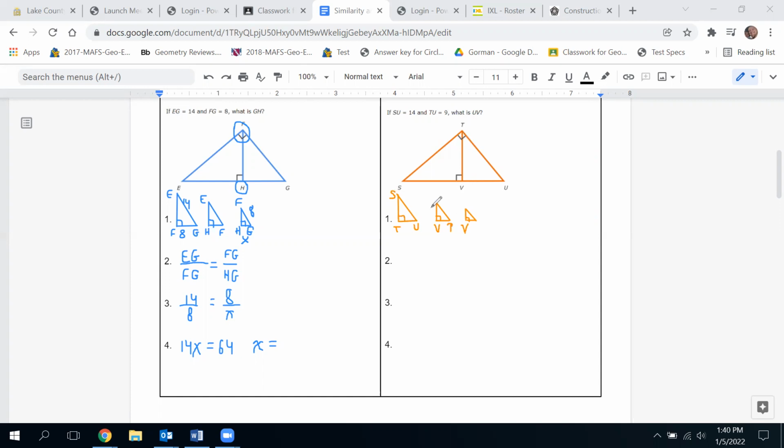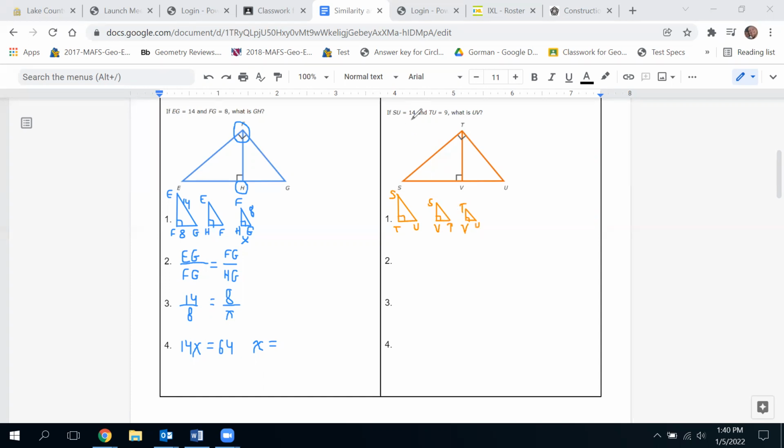Remember, the altitude is always the shortest side of the medium triangle, and S would be the remaining vertex. VU is the shortest side of the littlest triangle. For the little triangle, the altitude will never be the shortest side, so we wouldn't want to write VT at the bottom, but right here, VT.